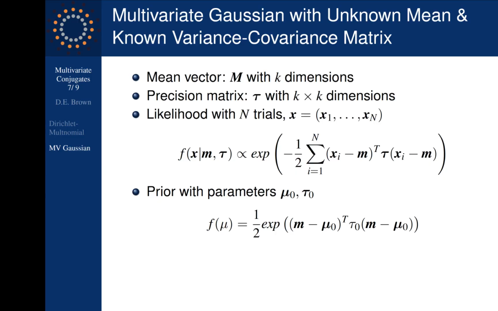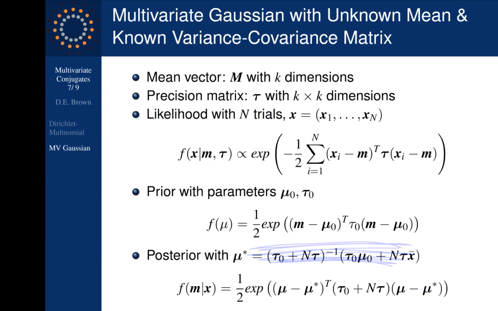So that means that the prior distribution in this case is a Gaussian, given by the quadratic expression, which is the difference between the mean of the likelihood minus the mean of the prior, which is mu naught, multiplied through the precision matrix, and then again the mean of the likelihood minus the mean vector of the prior.